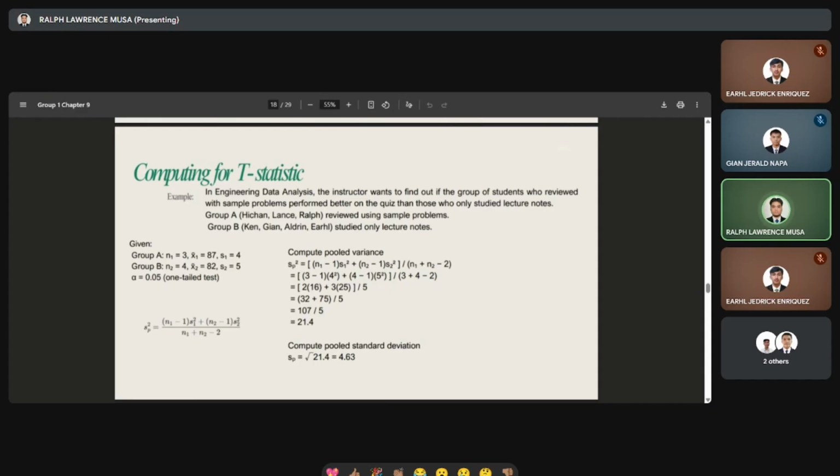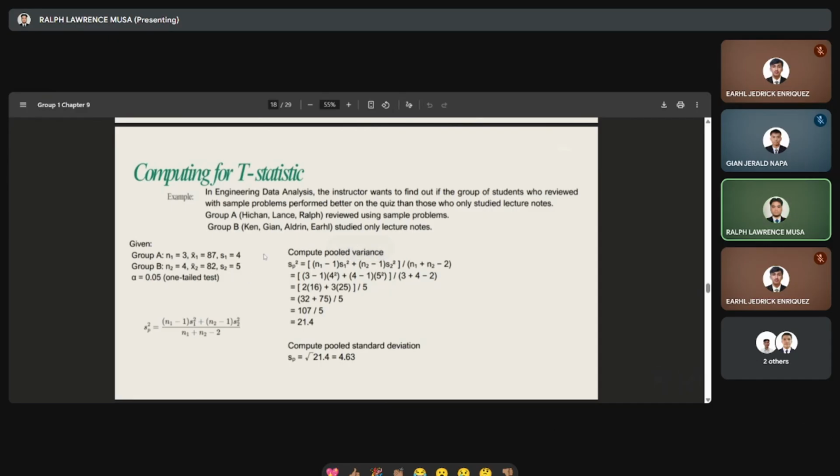For group B, Ken, Gian, Aldrin, and Earl only studied using lecture notes. The given are: for group A, n is 3, the mean is 87, and s is 4. For group B, n is 4, x̄ is 82, and s is 5. It is a one-tailed test.